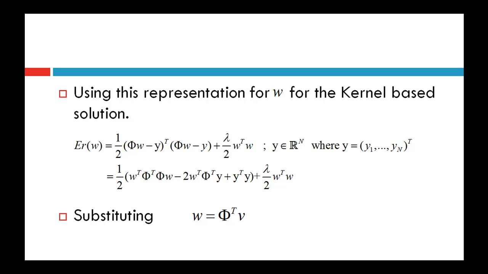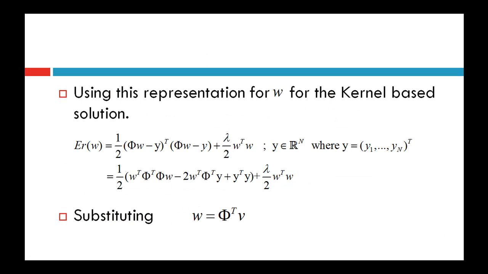On expanding this term, (phi times w minus y) transpose (phi times w minus y) gives us this expression: w transpose phi transpose phi w minus twice w transpose phi transpose y plus y transpose y, plus lambda over 2 times w transpose w.